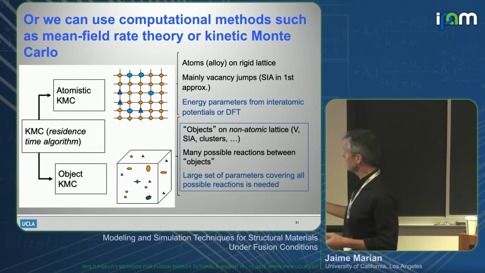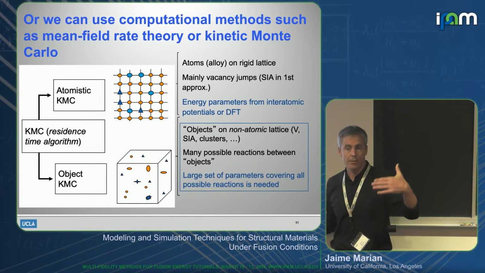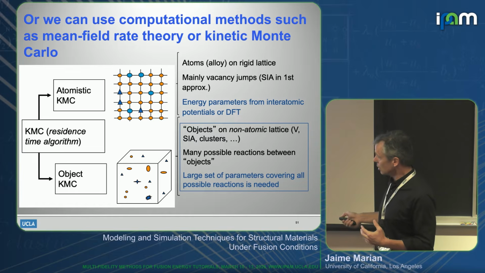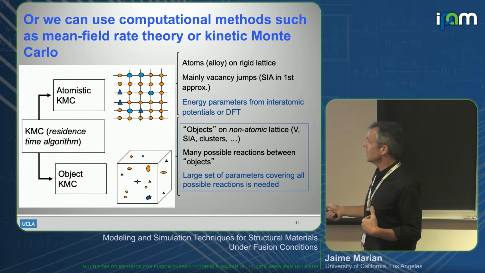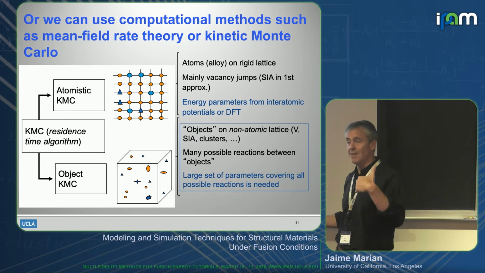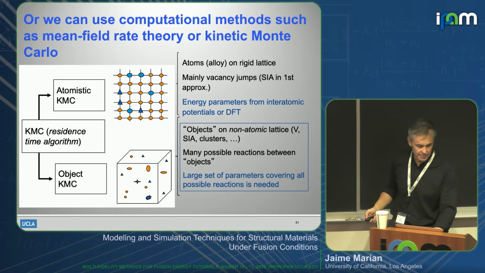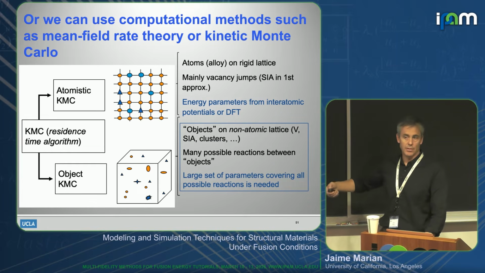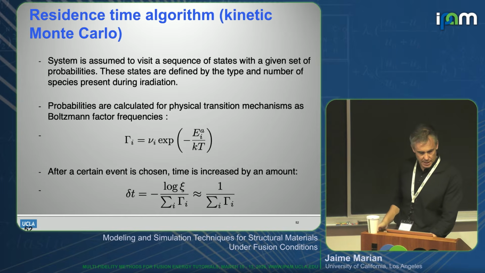Okay, and you use the residence time algorithm to simulate events taking place at the right probability. And then what we use molecular dynamics for, or atomistics for, is to characterize the physical constants that govern the event rates that you have. Okay, and with this, you can then push the envelope of length and time scales that you can achieve.